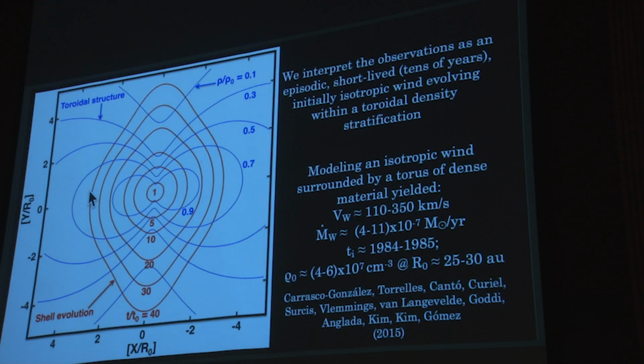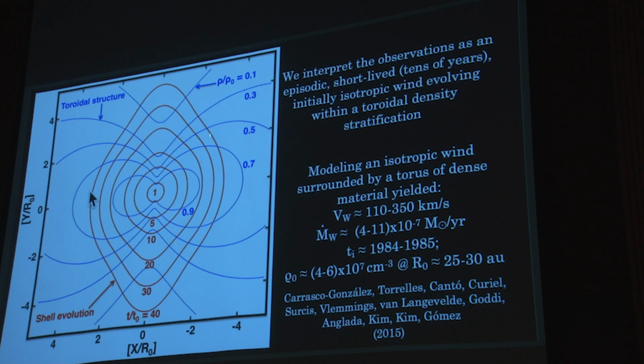So, to interpret this, we proposed that what we are observing in this kind of objects are episodic, short-lived, tens of years, because we see the evolution in 20 years, and initially isotropic outflows.